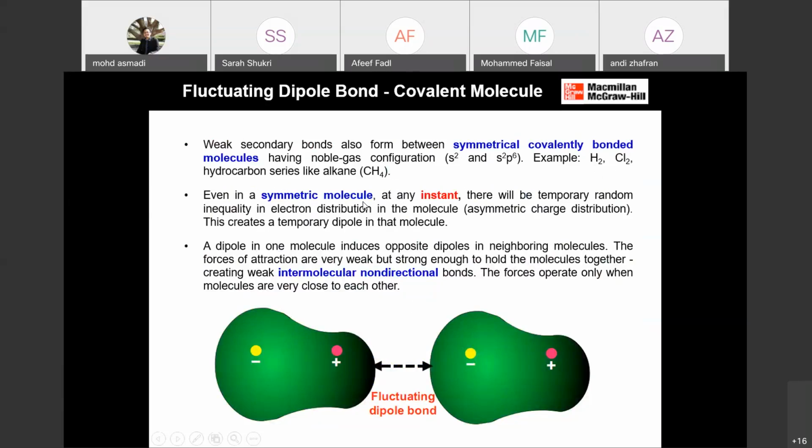Even in symmetrical molecules, at any instance there will be a temporary random inequality in electron distribution in the molecules. Like this one, positive and negative, so they can form a fluctuating dipole, Cl2, Cl2.